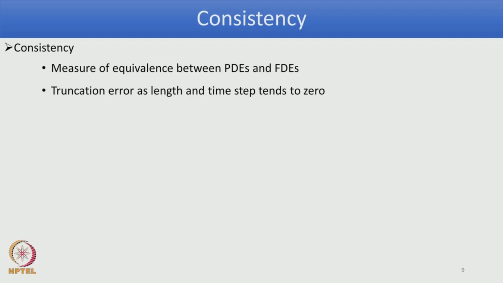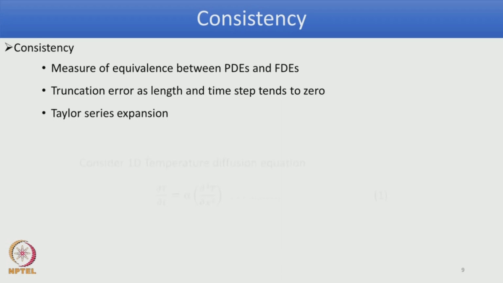That puts a truncation error, and if the truncation error goes to 0 as delta t or delta x goes to 0, then you recover the original PDE from the finite difference equation. If such a thing happens, then the particular scheme is referred to as a consistent scheme.